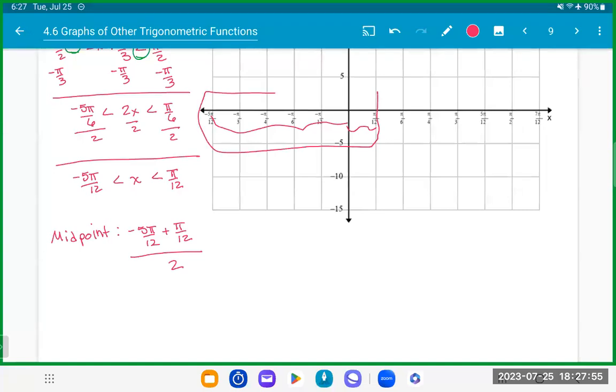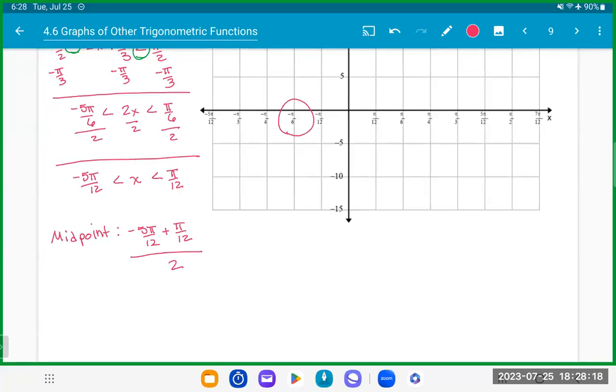If you look at this, I have 1, 2, 3, 4, 5, 6 boxes. So my midway point should be here, right? Because I have 3 boxes on this side, 3 boxes on this side. So let's see if, when we do our calculation, we get this negative pi over 6.